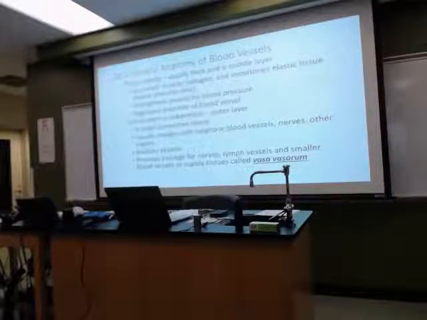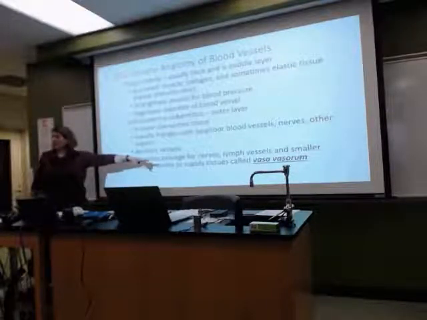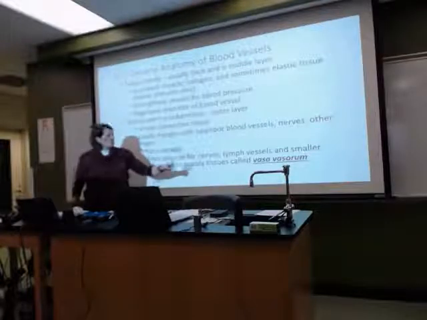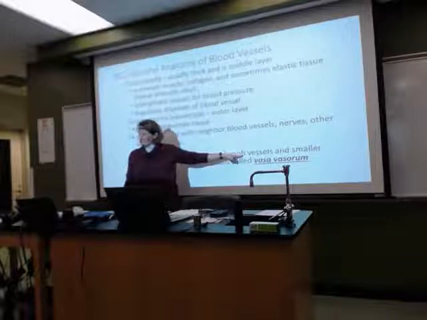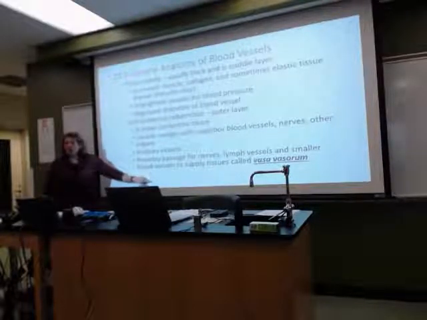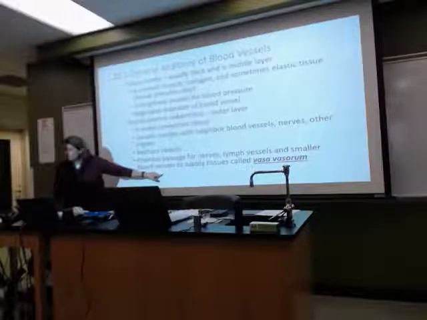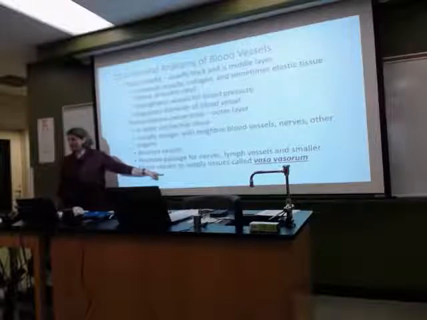So you're going to find that there will be a passageway for nerves to come into the blood vessel, lymph vessels to be present, and smaller blood vessels. Does that just not sound like, what? Blood vessels to feed the blood vessels?